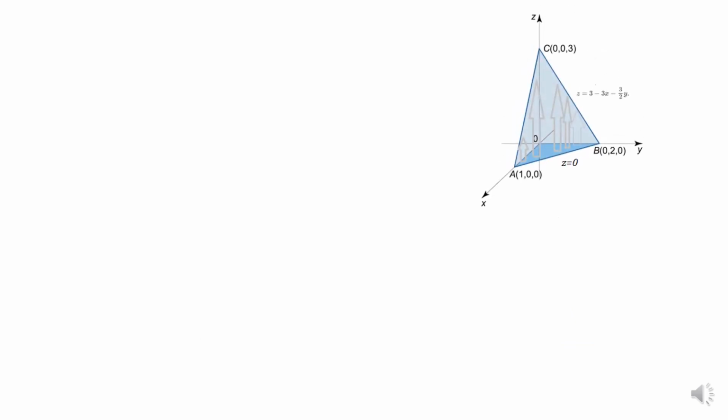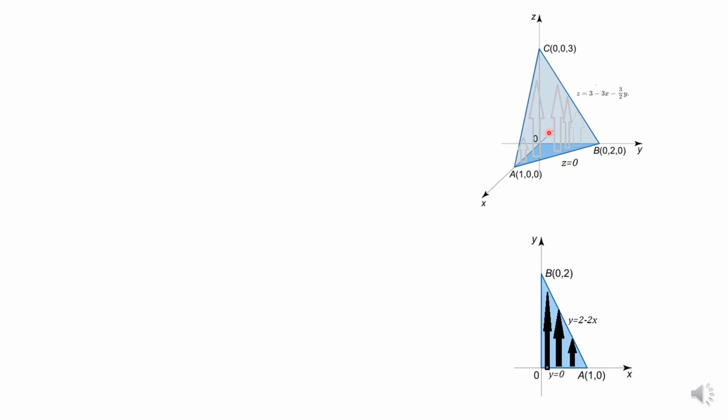So here is the first integration direction. We'll first integrate along the z direction from the plane z equals 0 to, you can guess what the upper limit in the z direction will be, z equals 3 minus 3y. How we get this is from the equation of the plane, the value of z over there.